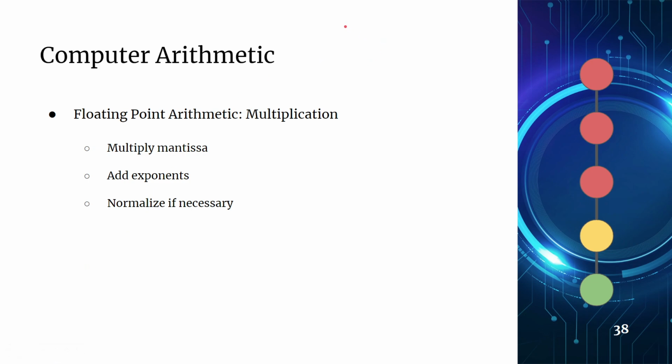So once again we take the previous two examples, 0.264 and 0.521, I think that's what I remember. This one was given 10 to the power 2, and this was given 10 to the power 1.